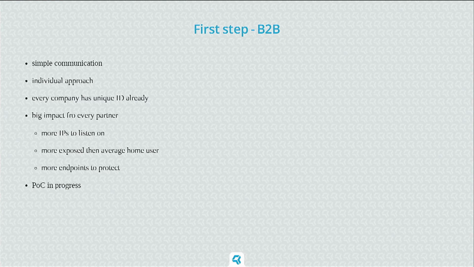But we have in progress a proof of concept with one of the ISPs that we are working with to deploy it on their network. And why we are targeting businesses in the first step is because there's not that many of them, so it will be less communication.